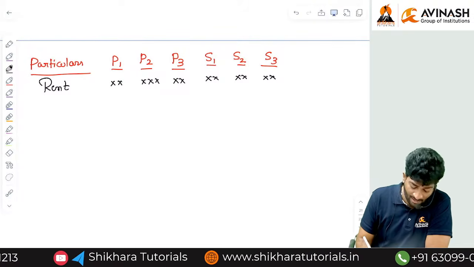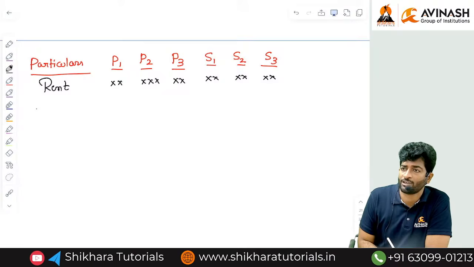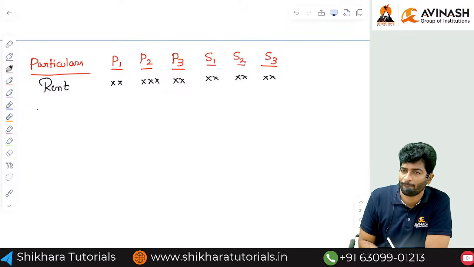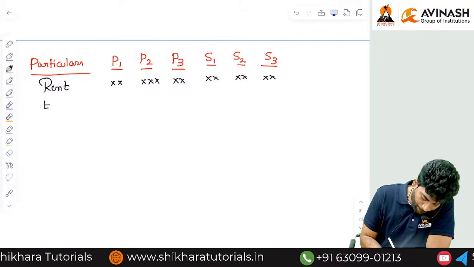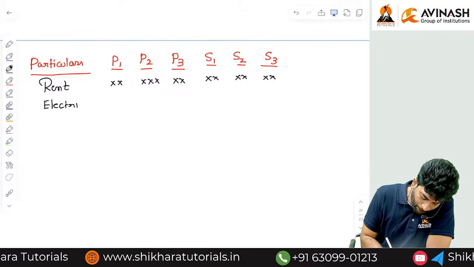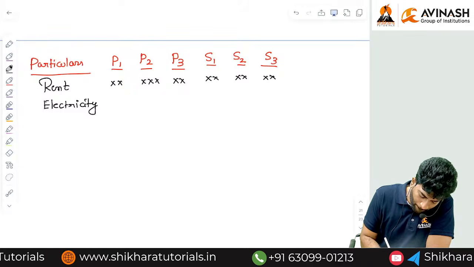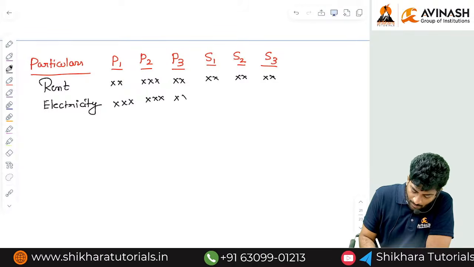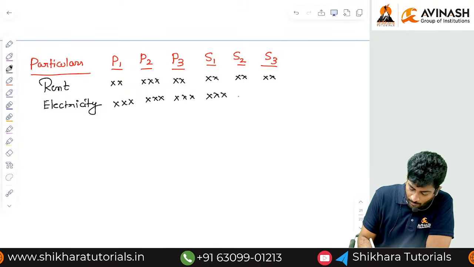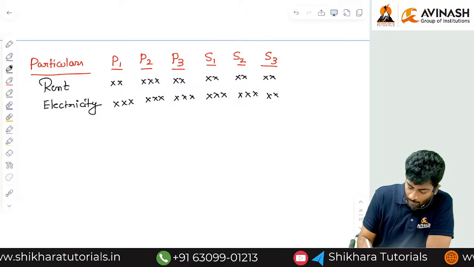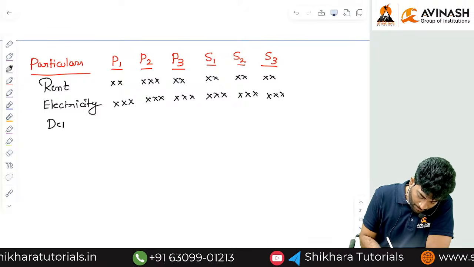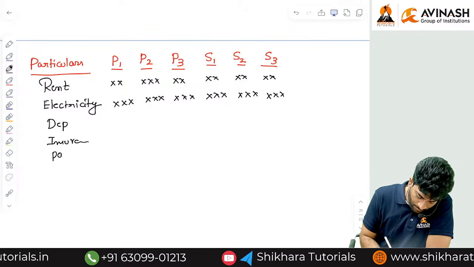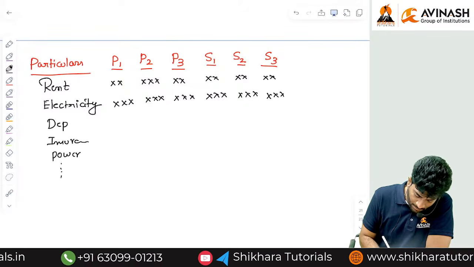After that, name some overheads. After rent, electricity. Again, you are going to have expenses in some depreciation, some insurance, some power, and so on.